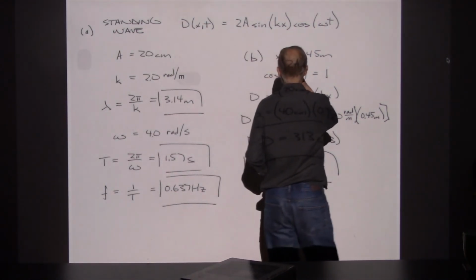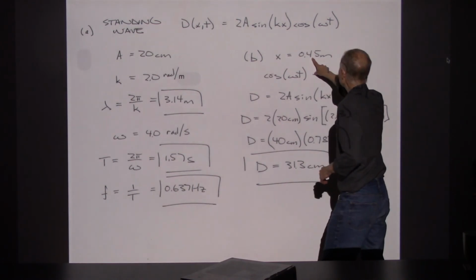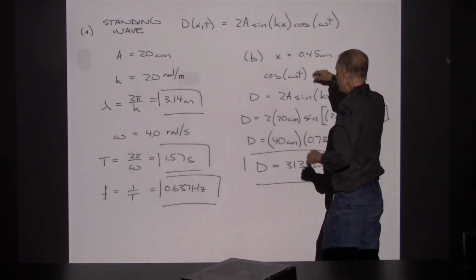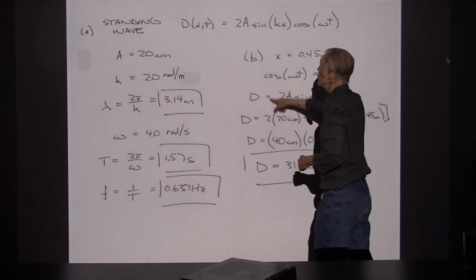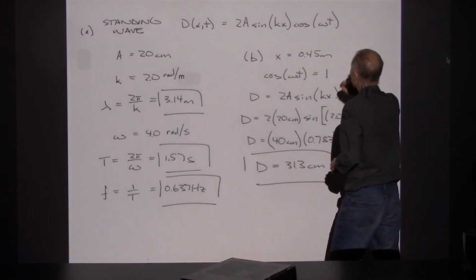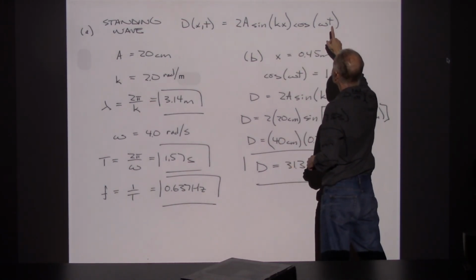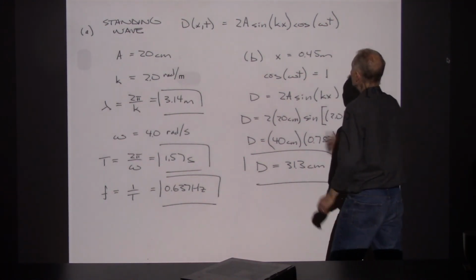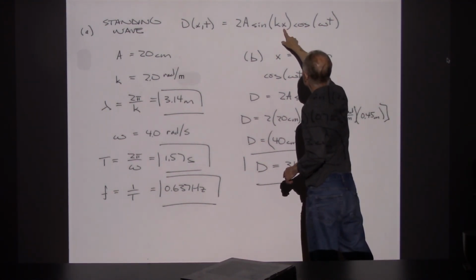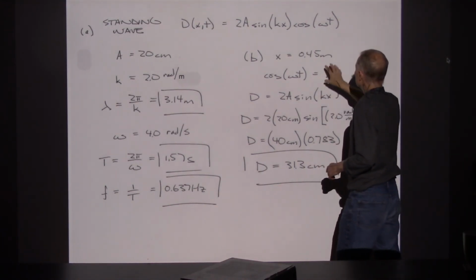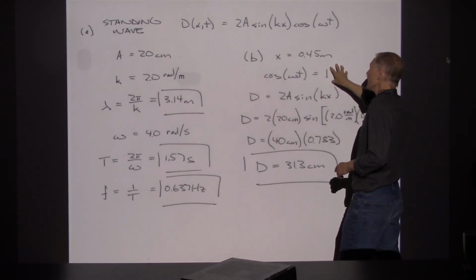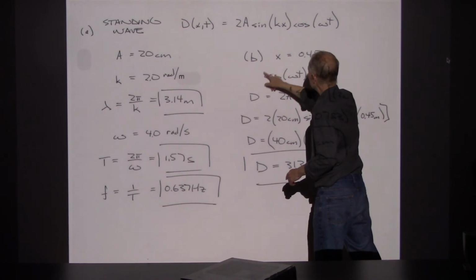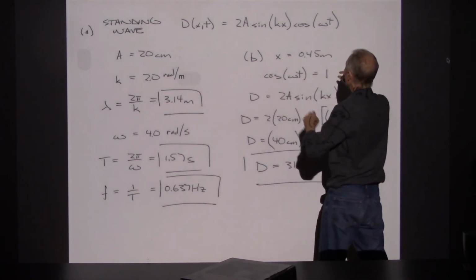And then it says, at a position of x equals 0.45, go in and calculate the displacement. So I'm taking that formula, substituting in 0.45 meters for x. Now they're saying what's the maximum amplitude. So we're just going to go ahead and say t equals 0.